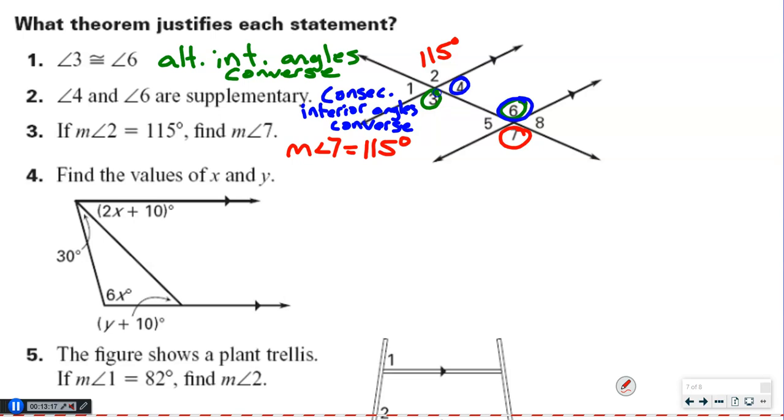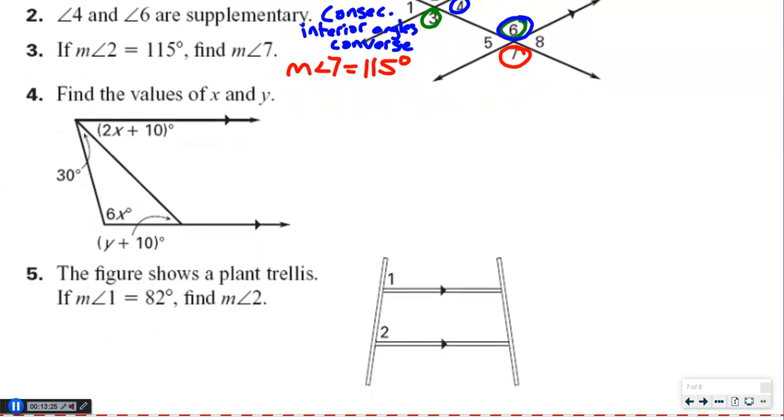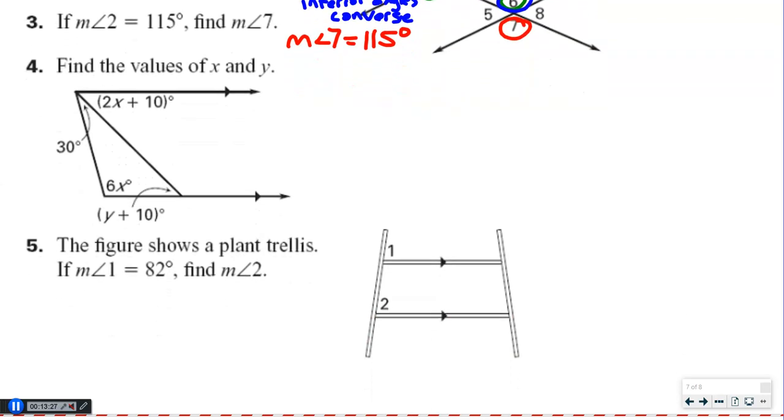Then number 4, we have a different image here. We need to find the value of x and y. So we can see our 2 parallel lines, and we can imagine them extending out a little further. 2 parallel lines in green.